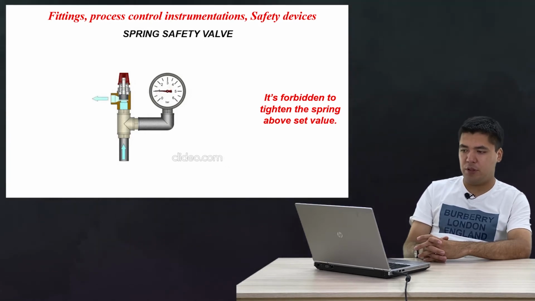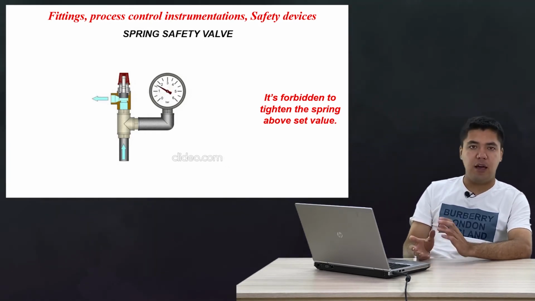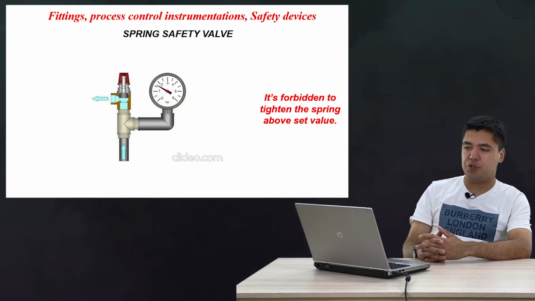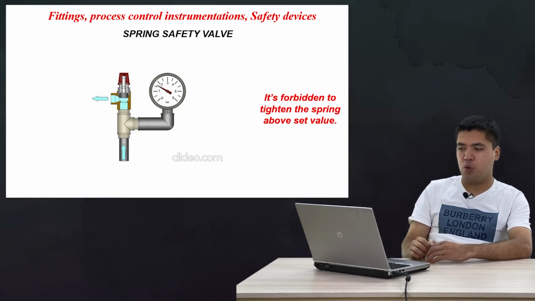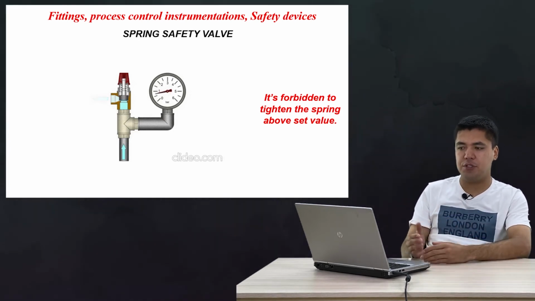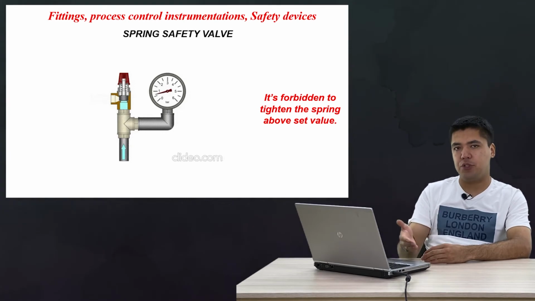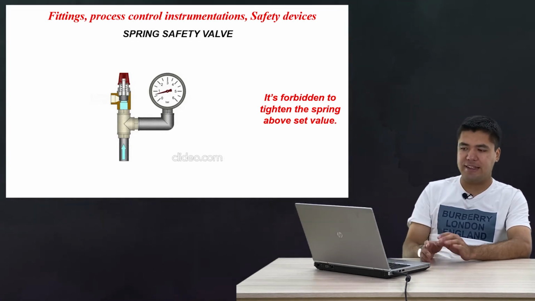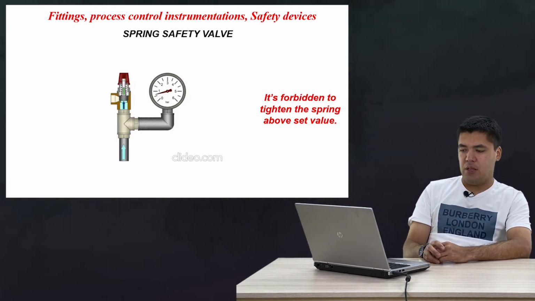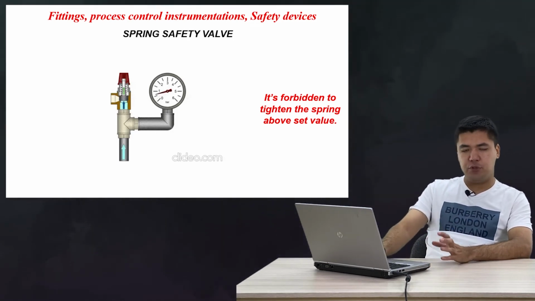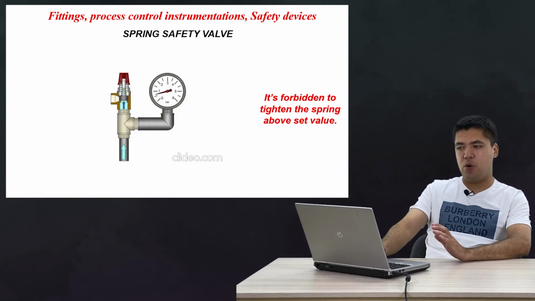When liquid or gas has very high pressure, it moves or squeezes the spring, and after squeezing, excessive energy, water, liquid, gases are released outside. And it's forbidden to tighten the spring above the set value. Don't forget this information.